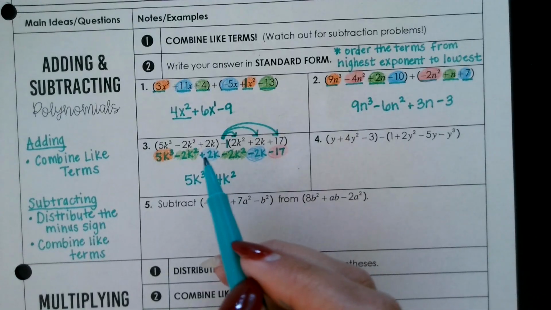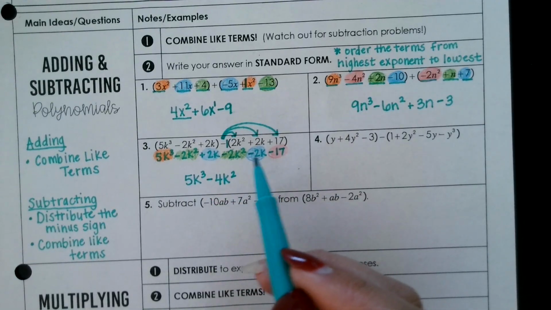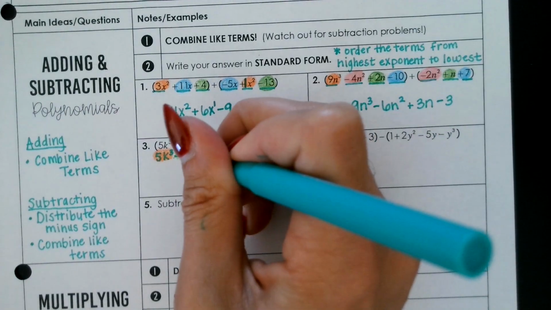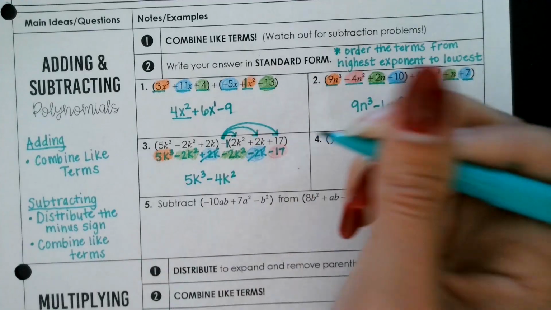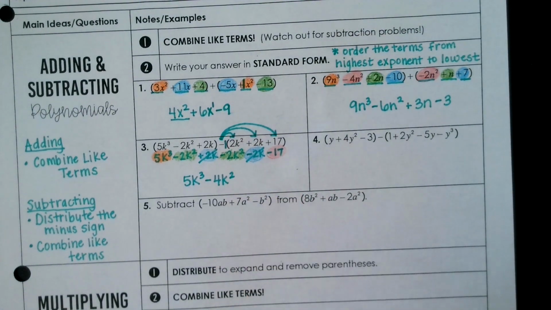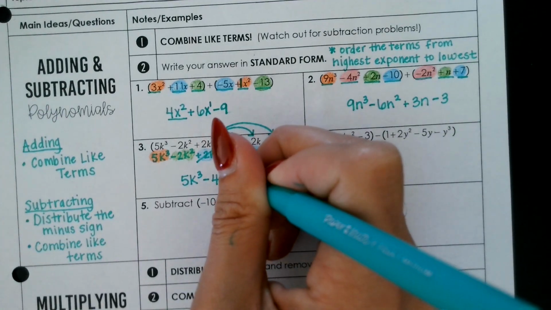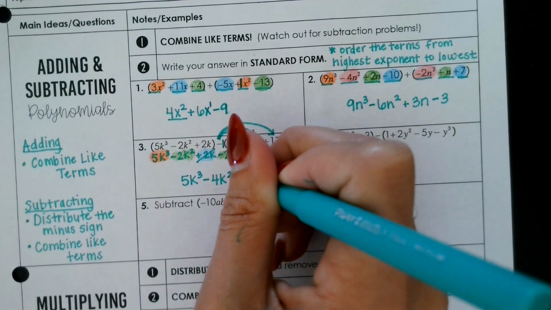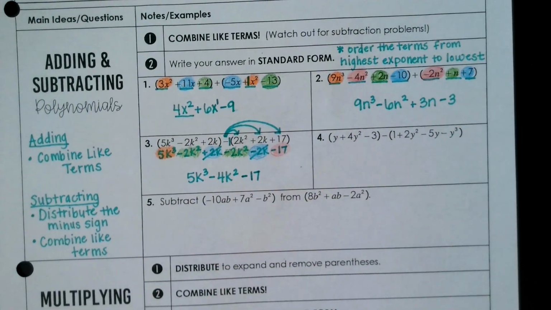+2 and -2 is 0. They canceled each other out. If there's 0 of something, there's nothing, and you don't have to write anything. There's no k's anymore. And then last but not least, the -17 doesn't have anything to combine with, but it's still there, so we have to include it at the end.